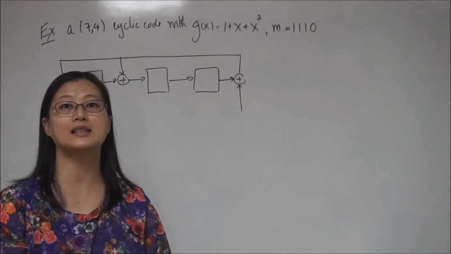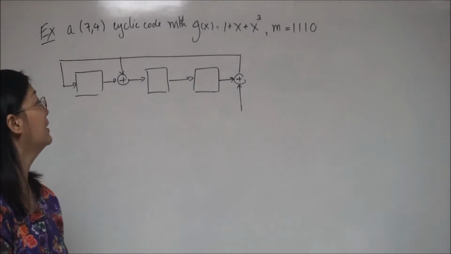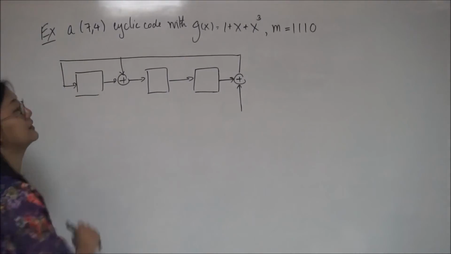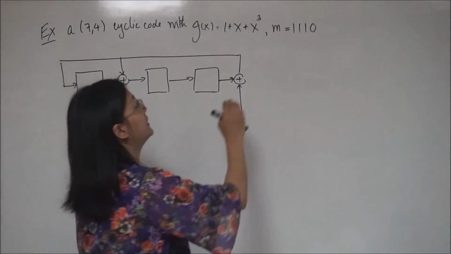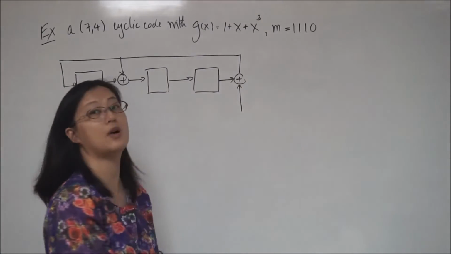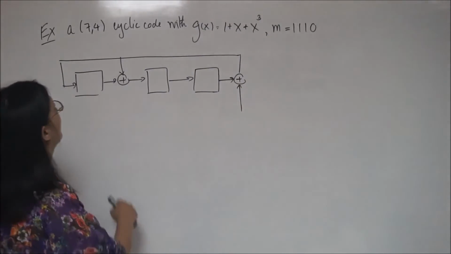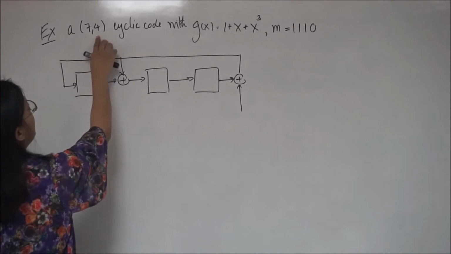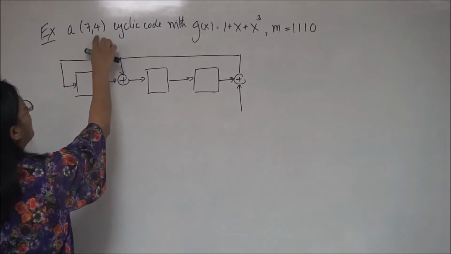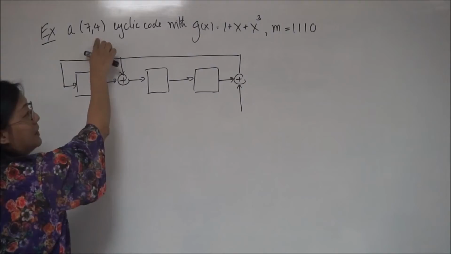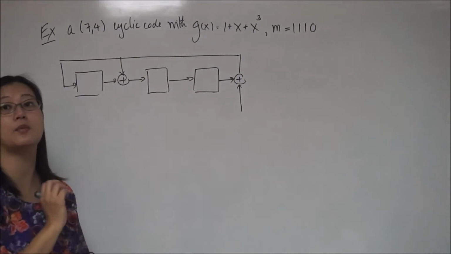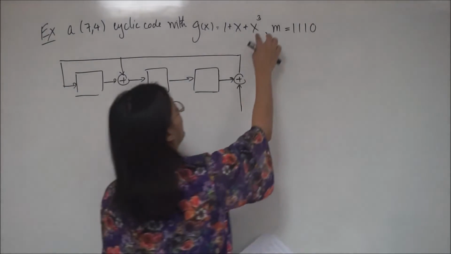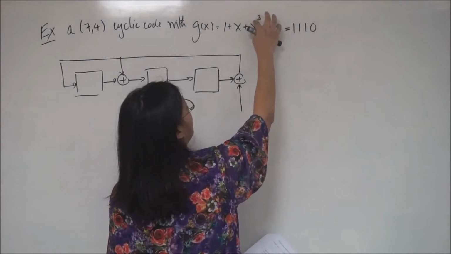Then the last bit, 0 coming in. You get this one coming out, so 0 plus 0 is 0. So this one becomes 0, 0. This one, you get 0 getting in here, 0 plus 0 is 0. 1 gets over here.